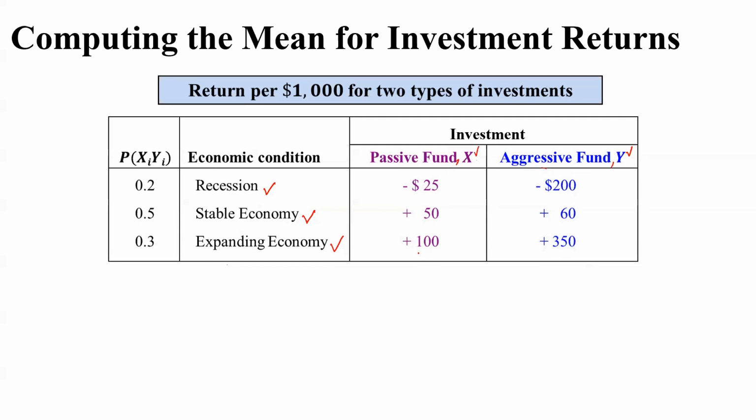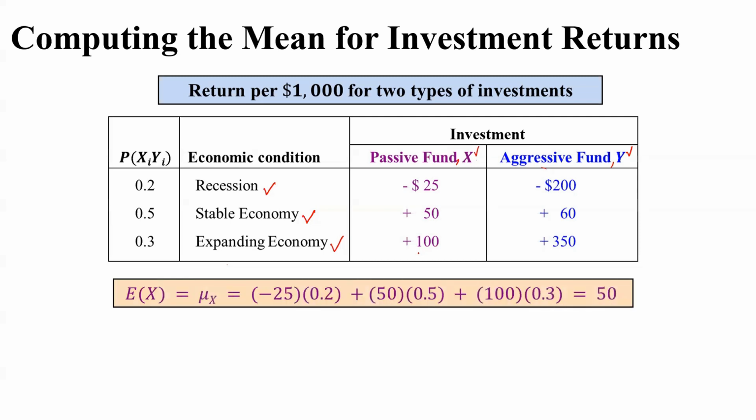Now, the first thing you need to do is calculate the expected mean. As I said earlier, first we calculate the expected mean value of X, the passive fund. It is very easy: you multiply each value by its corresponding probability.